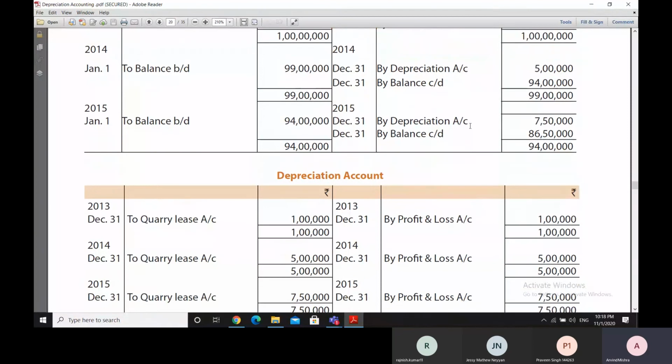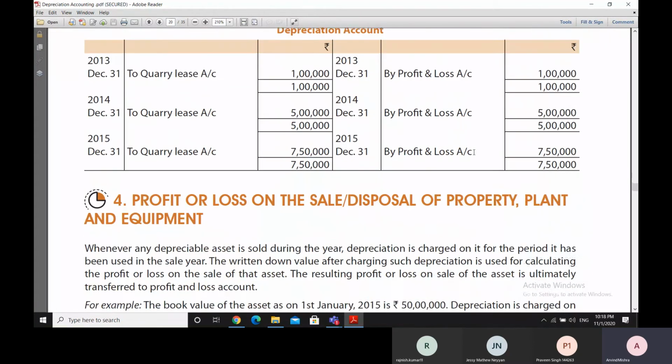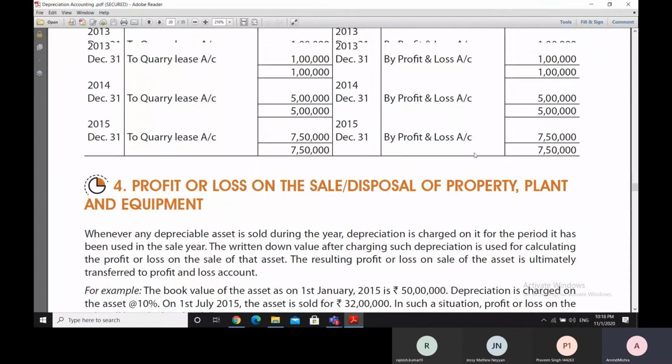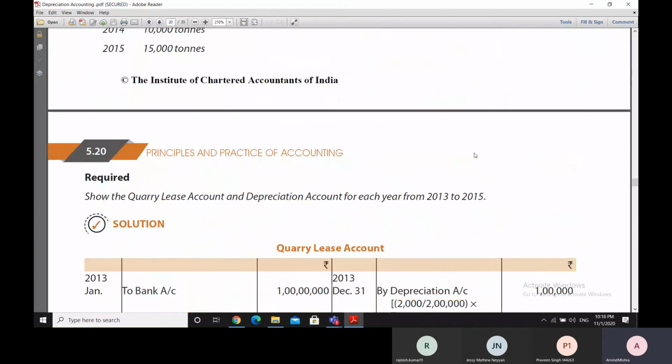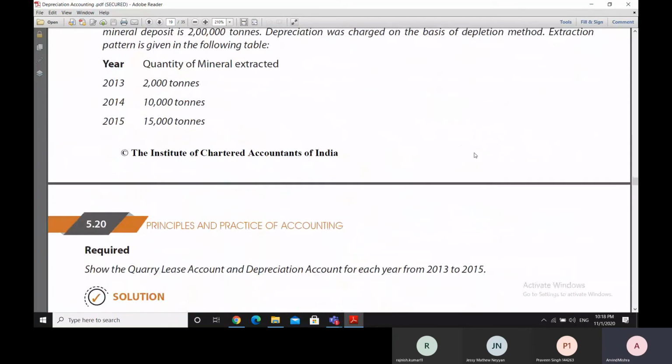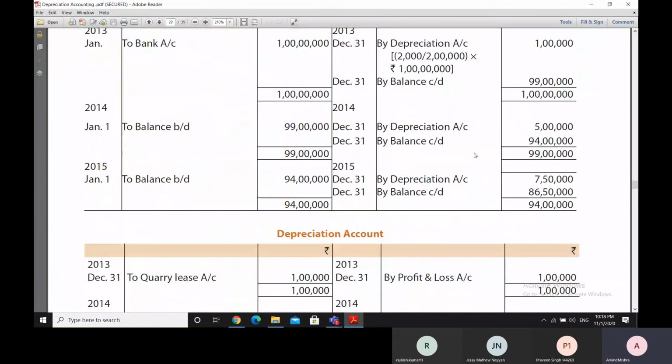So the total depreciation for the third year is 7,50,000 rupees. We allow that, and we are remaining with 86,50,000 rupees. So that's how we have made this depreciation account on the basis of the method called the depletion method, which is normally used for mines.